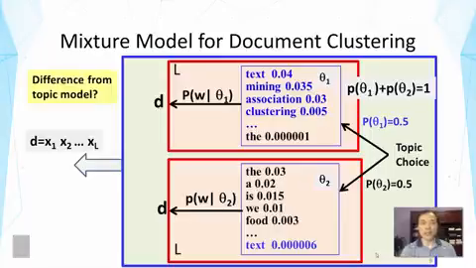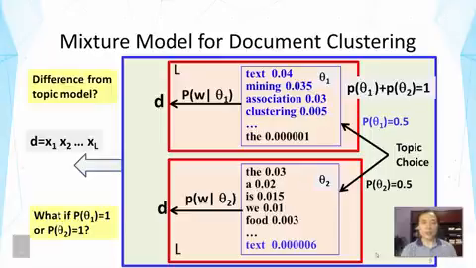The second is that the word distribution here is going to be used to generate all the words for a document. But in the case of topic modeling, one distribution doesn't have to generate all the words in a document. Multiple distributions could have been used to generate the words in the document.